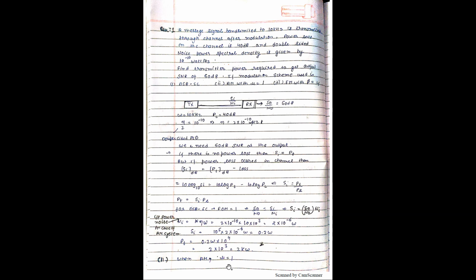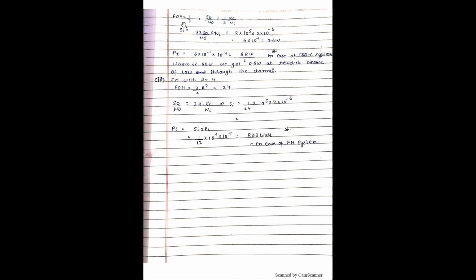We have also calculated the figure of merit in case of AM. When mu is given as 1, the figure of merit will be 1 by 3. S naught upon N naught will be equal to 1 by 3 of the input signal to noise ratio. So what will be SI? 3 times this expression.